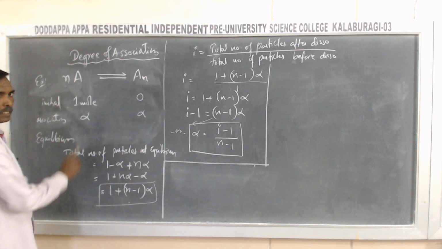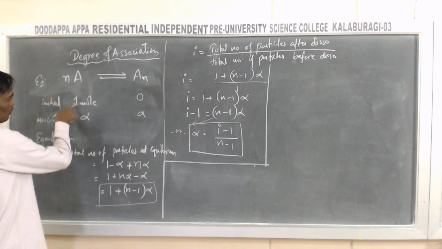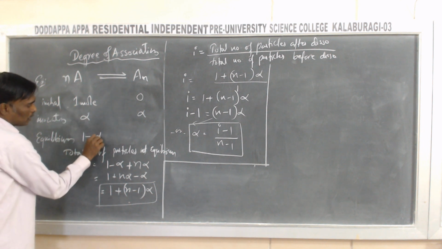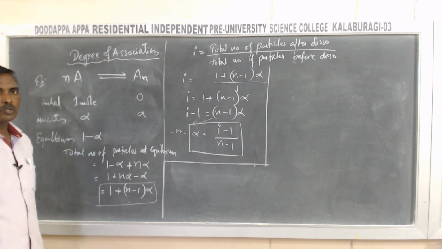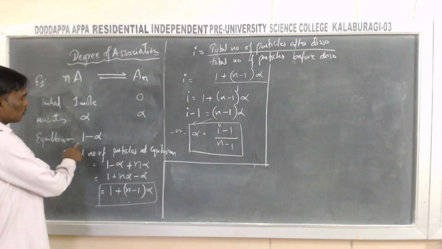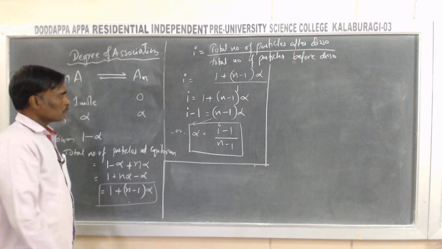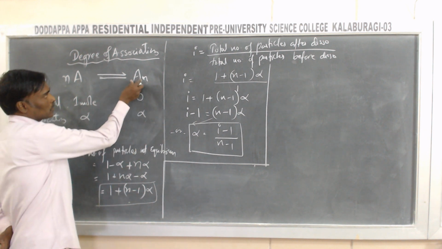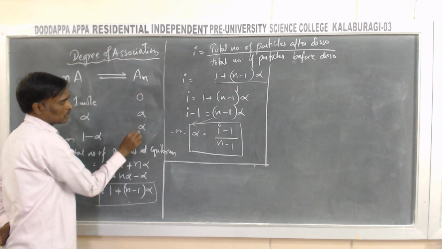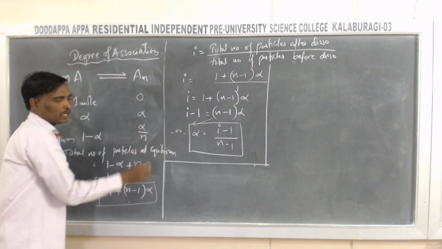When the system attains equilibrium, out of 1 mole, the amount of reactant remaining is 1 minus alpha. And for the total number of moles of the product formed here, n molecules combine to form a single one, so therefore it is alpha by n.